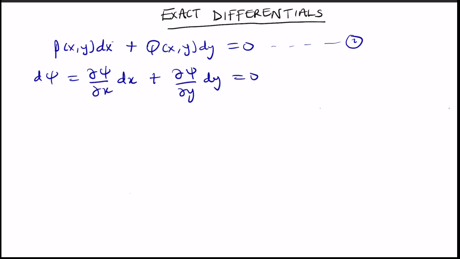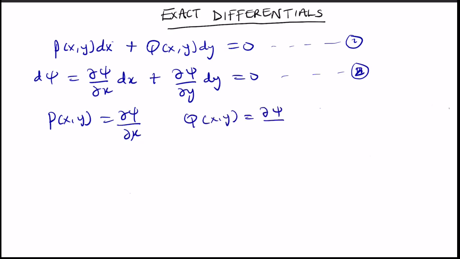If we match these two equations, equation 1 and equation 2, we would find out that p of xy is equal to del psi del x, and q of xy is equal to del psi del y.